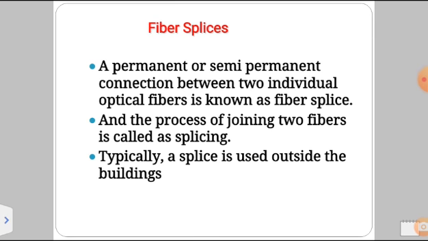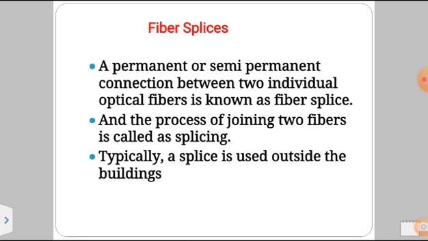Next, let me go through one more topic, that is fiber splices. Without fiber splices, we cannot imagine optical communication. As I mentioned in the last class, there are so many splice connections, splicing from one point of the fiber to another.